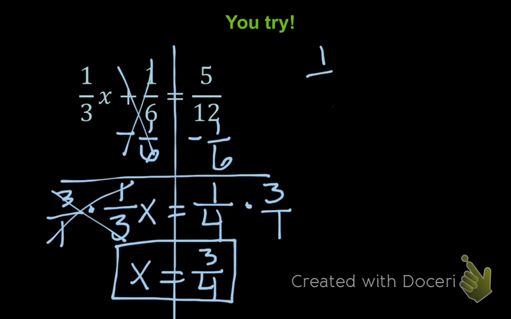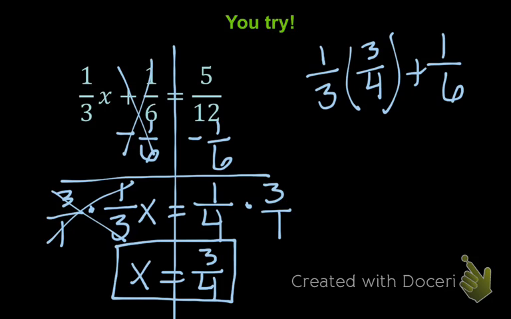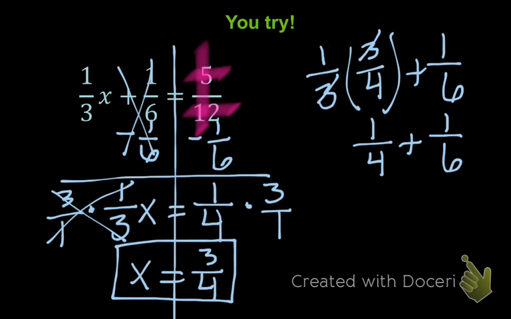So we're going to multiply 1/3 times 3/4 plus 1/6, and I want that to be equal to my 5/12, which I have over here. So let's simplify that and see if we get that. First thing, if I'm using my order of operations, I need to multiply. So I see my 3's actually can simplify diagonally, so I get 1/4 plus 1/6.